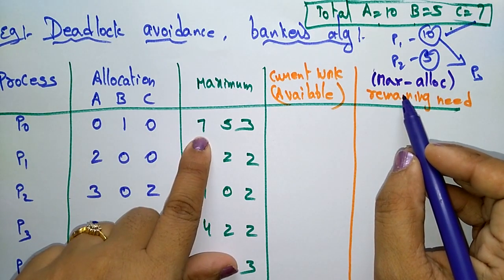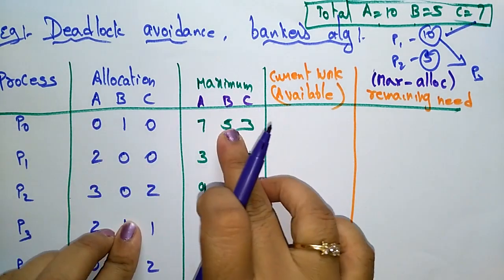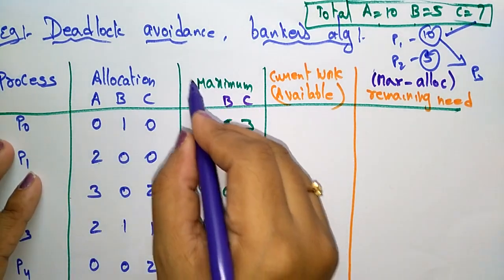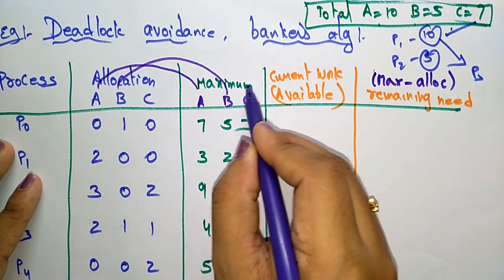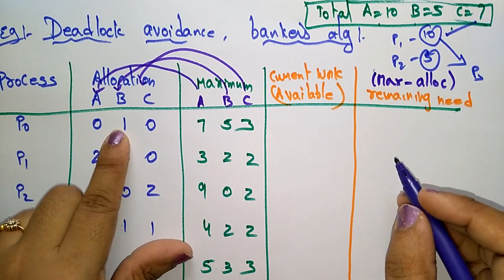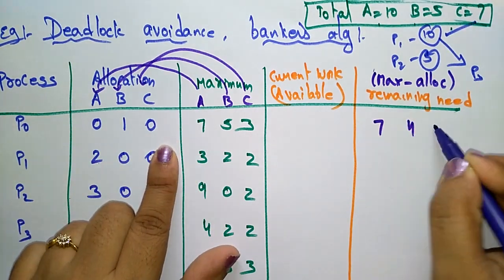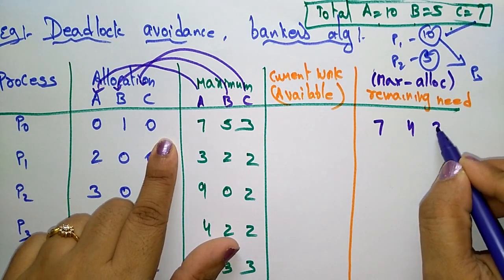We have to calculate for each resource, so this is A, B, C. A minus A, B minus B, C minus C. Like this, you have to subtract. Okay, so for P0: 7 minus 0, you get 7. 5 minus 1, 4. 3 minus 0, 3.